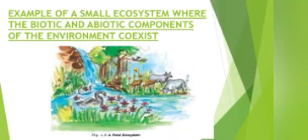So now, here is an example of a small ecosystem where the biotic and abiotic components of the environment interact with one another. It is figure 1.3 given at page number 4, and it shows us an ecosystem of a pond.